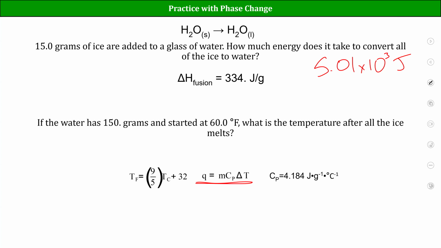We know the specific heat of water. We know the mass of the water. We're trying to find delta T. So what do we plug in for Q?